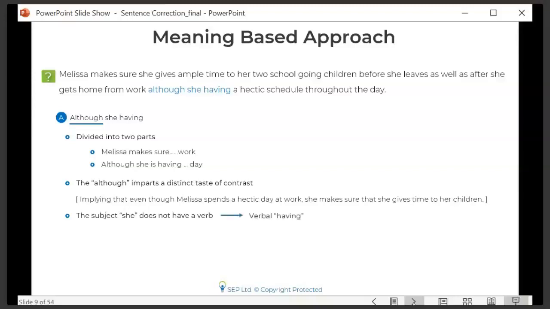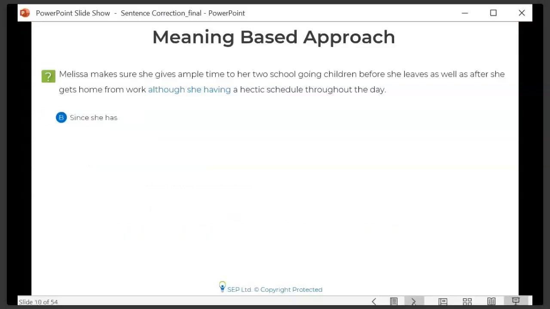Fine. All right. So this means in the rest of the choices, what are you supposed to look out for? You're supposed to look out for the sense of contrast, and you're supposed to ensure that this particular error is not repeated in the other choices. Fine, let's quickly move from there.